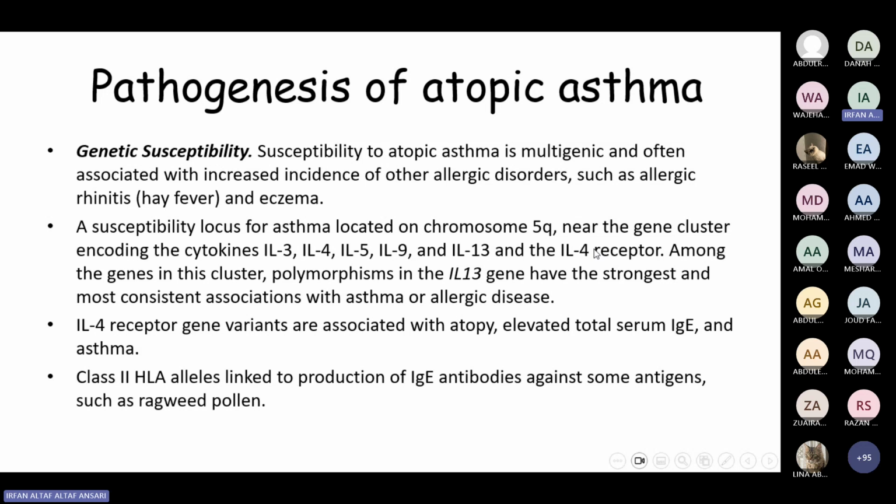Among all the genes in this cluster, polymorphism in the IL-13 gene has the strongest and most consistent association with asthma or allergic disease.